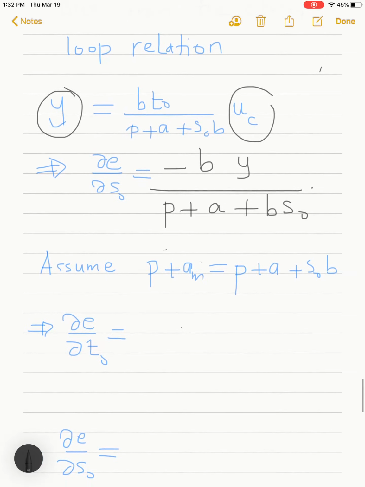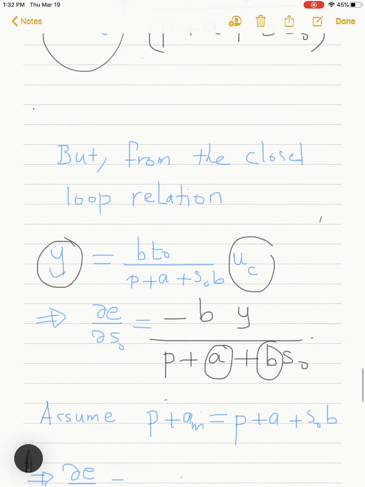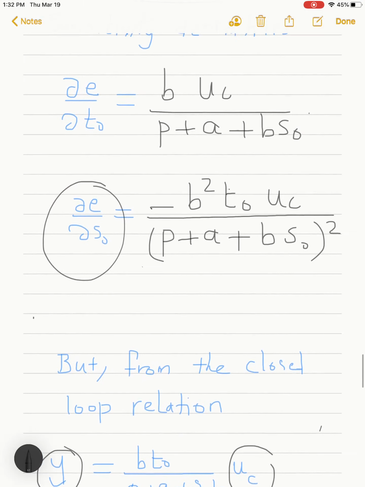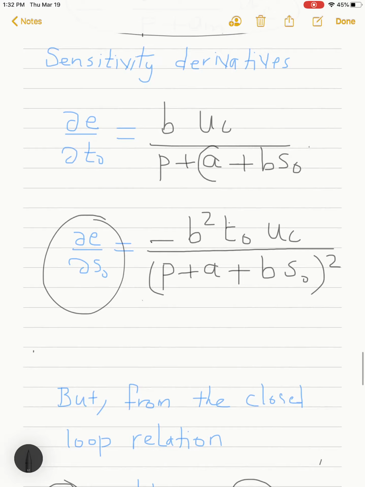Now I'm having trouble here because these sensitivity derivatives cannot really be calculated or implemented, since a and b, which appear here and also in the equation of t0 here and here, are not known.